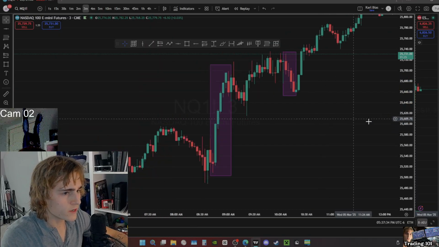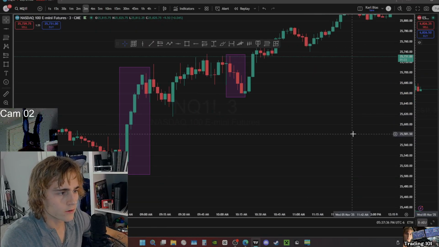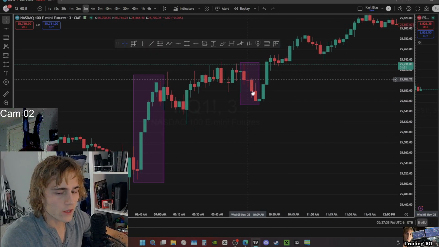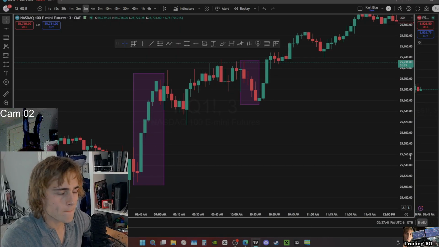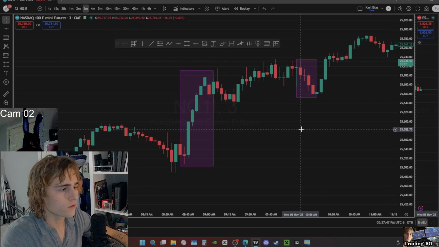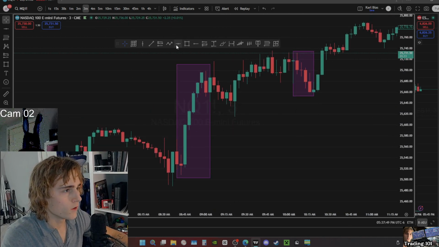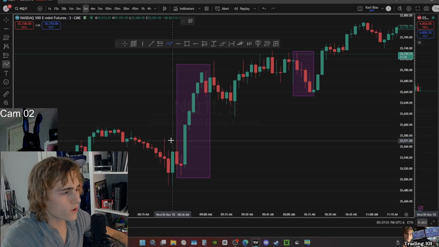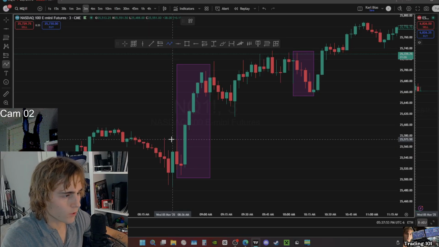Now, which one of these are actually an uptrend, and which one of these are actually a downtrend? They're both correct. And why is this? Why are they both correct? Just like we learned yesterday, break of structure, right?